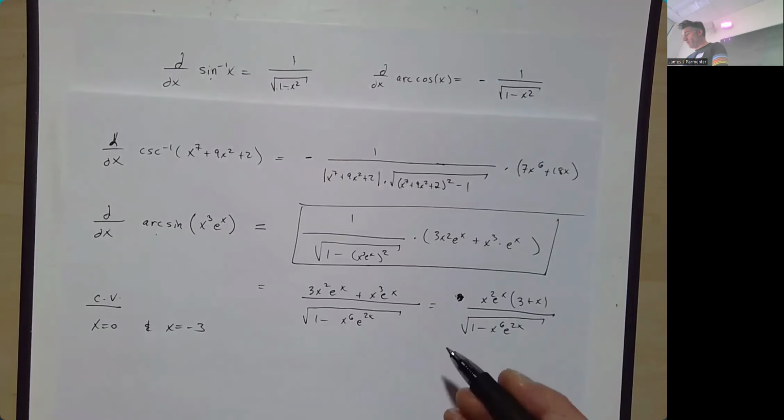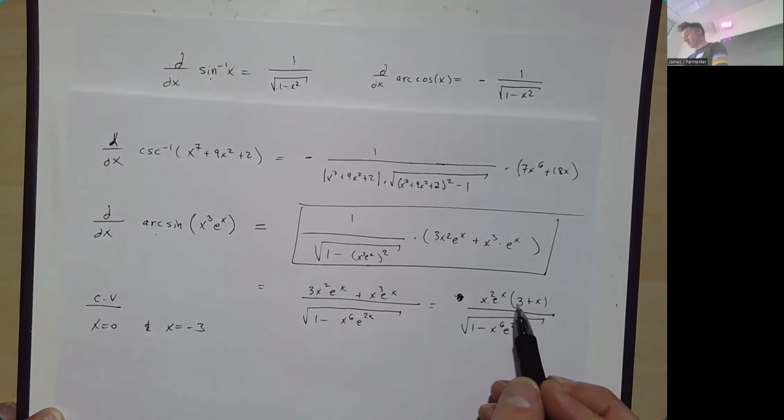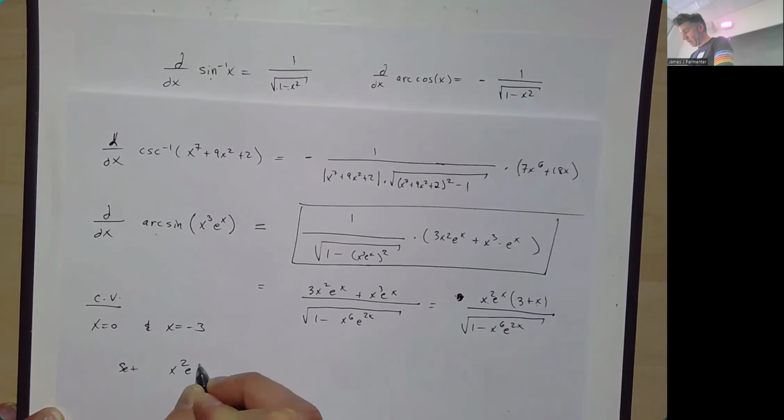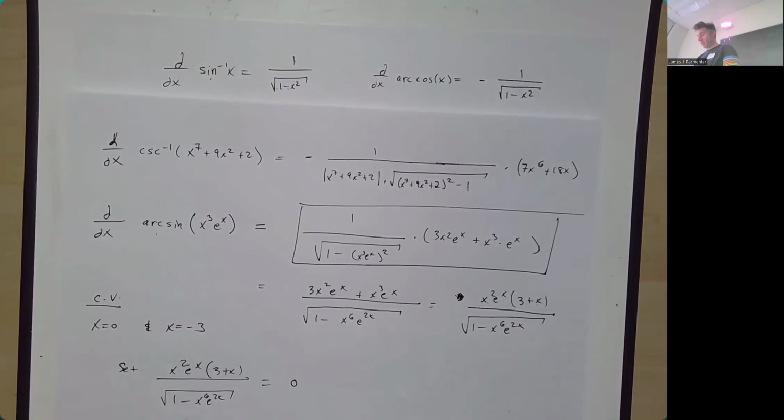So the critical points I'm finding: if I simplify this, I get x squared e to the x times 3 plus x over the square root of 1 minus x to the 6 e to the 2x. To find these, I'm setting the derivative equal to 0, which means setting the top part equal to 0.